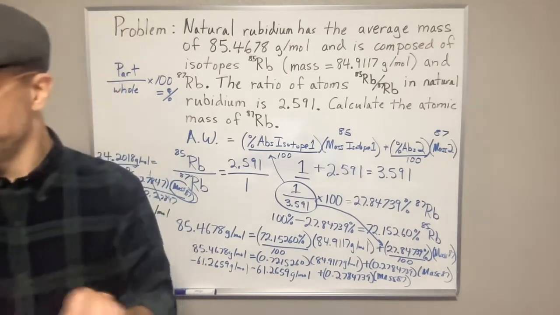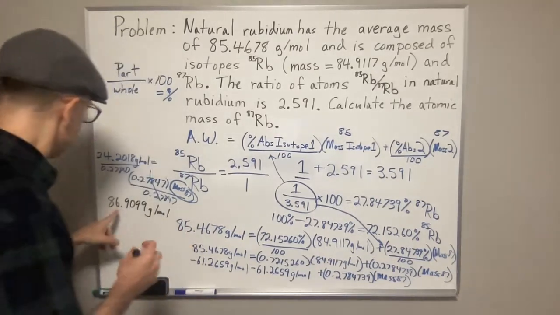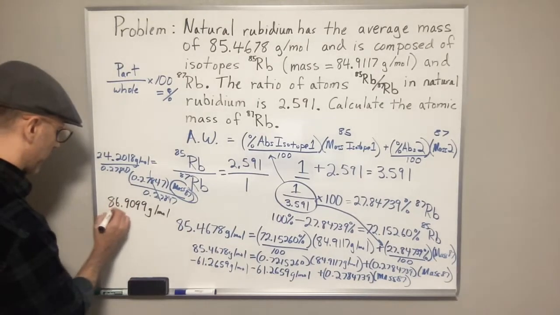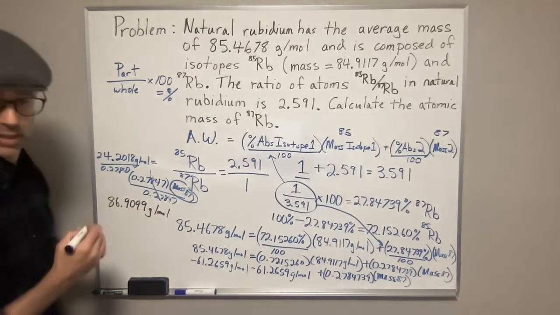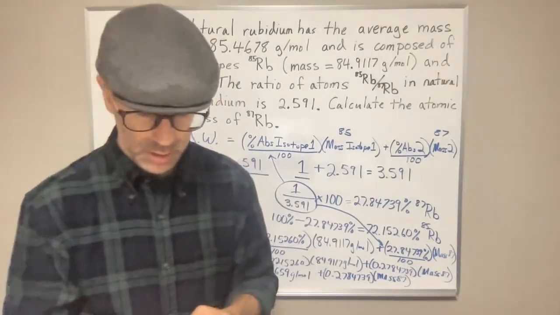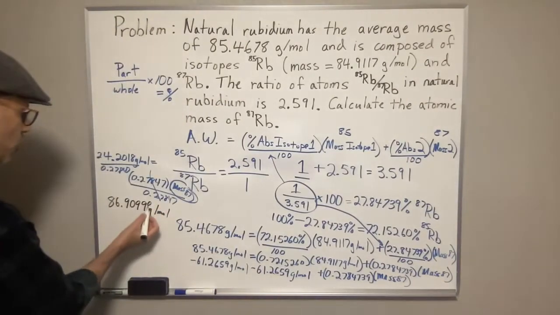So if we do our calculation, we would just keep 6 sig figs. So it's going to be 86.9099. Let me check my answer really quick. And that's a 0 following that, so we don't need to increase this.